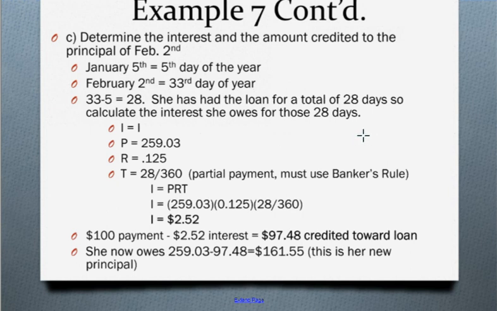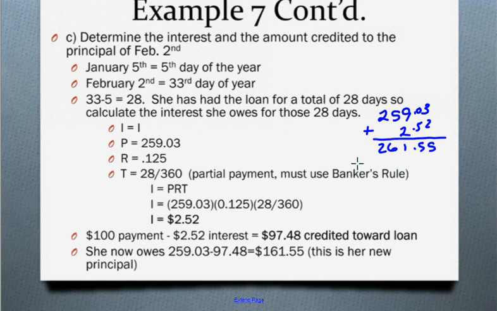What I like to do is take the amount she owes, $259.03, plus the interest, because this is money owed. $2.52, that's also money she owes. And if we add that up, I figured out she owes them $261.55. The bank might say, hey, Kathy, it's February 2nd. If you want to walk out of here scot-free, not owe us anything, then you could pay us $261.55.